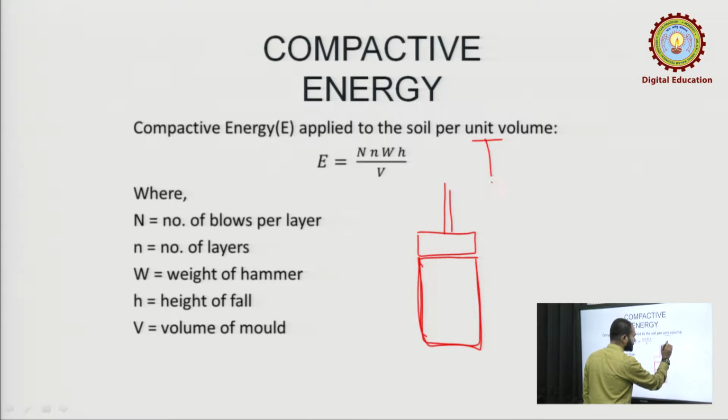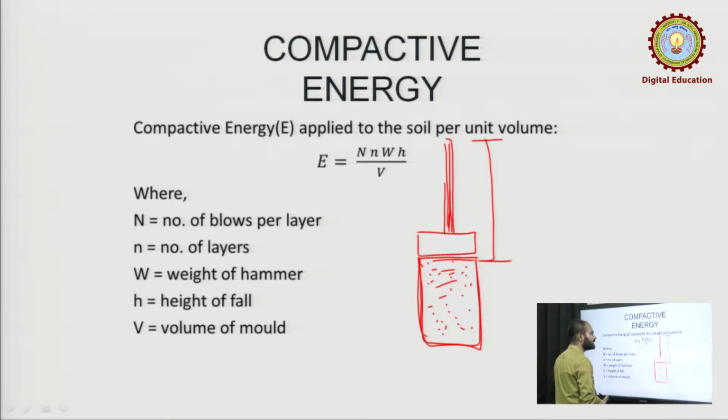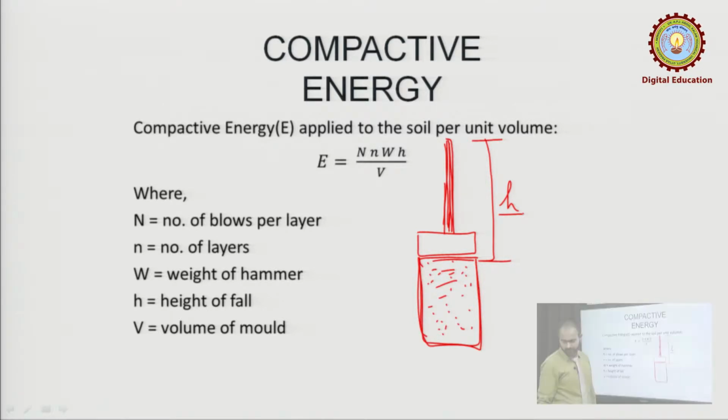From how much height the hammer is dropped and impacts the soil, this is the small h, the height of fall. Now let us see the different tests one by one.